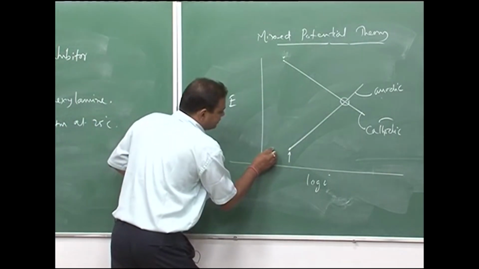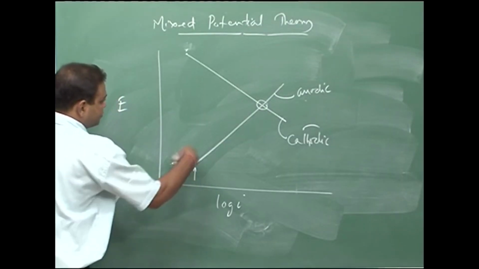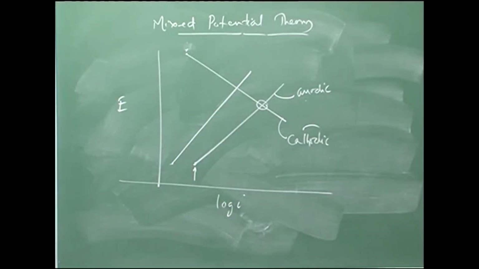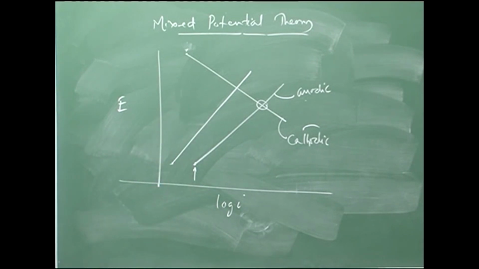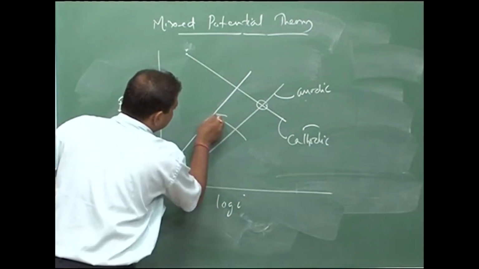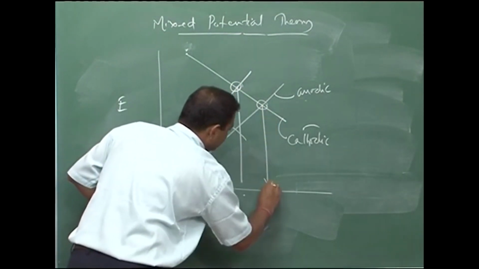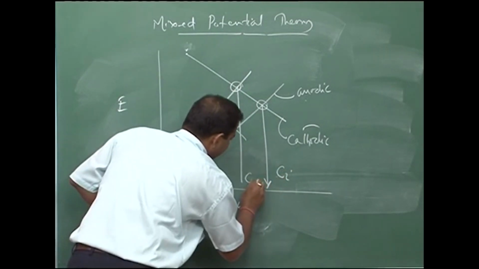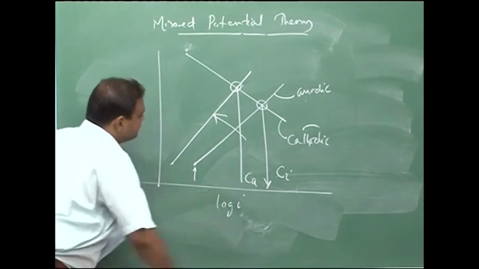So this point is shifted to this, which is lowered due to the presence of the anodic inhibitor. Seen again in the mixed potential theory, this has moved this way and the corrosion rate has also gone down. This is my initial corrosion rate, let us say C I, and this is C A, the corrosion rate with the action of the anodic inhibitor.